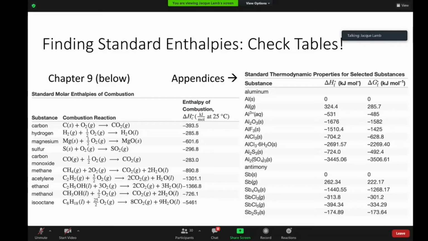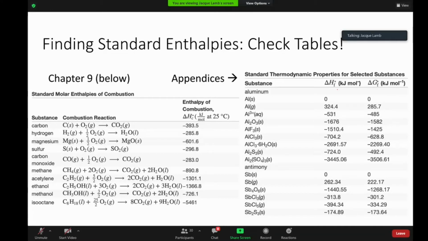And on the right, you see a piece of a table for some thermodynamic data. We'll get to delta G next semester. You're not going to worry about that now, but the delta H of formation, according to the equation, is the formation of 1 mole of that substance from its constituent elements in their standard states.